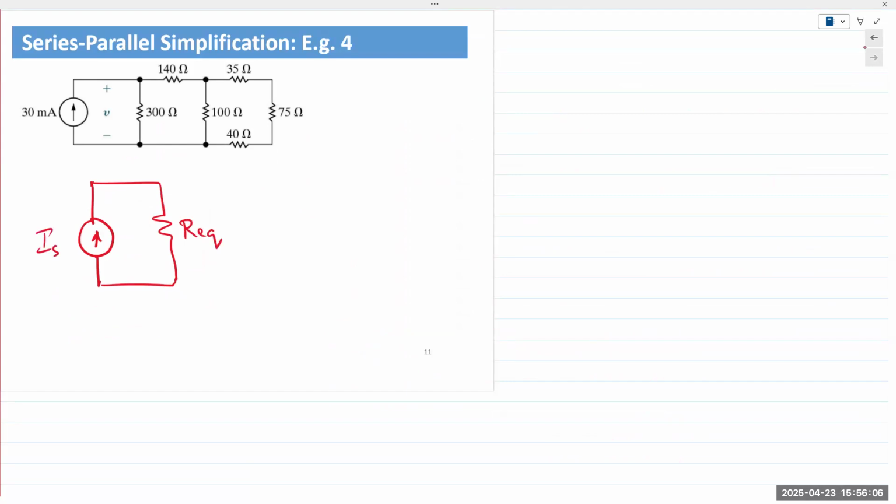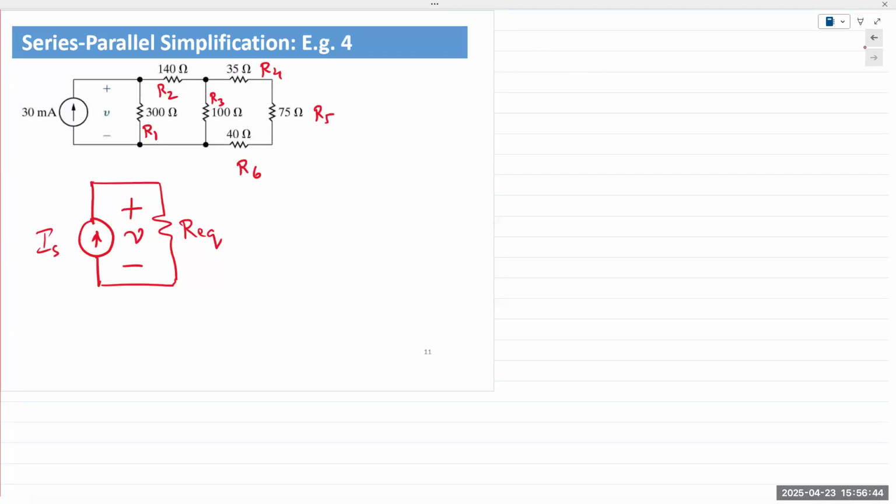Let's call this Is, and this is referred to as voltage V. If I name these as R1, R2, R3, R4, R5, and R6, the series and parallel connections are pretty similar to the first one. So we go to the far right and reduce it towards the source.